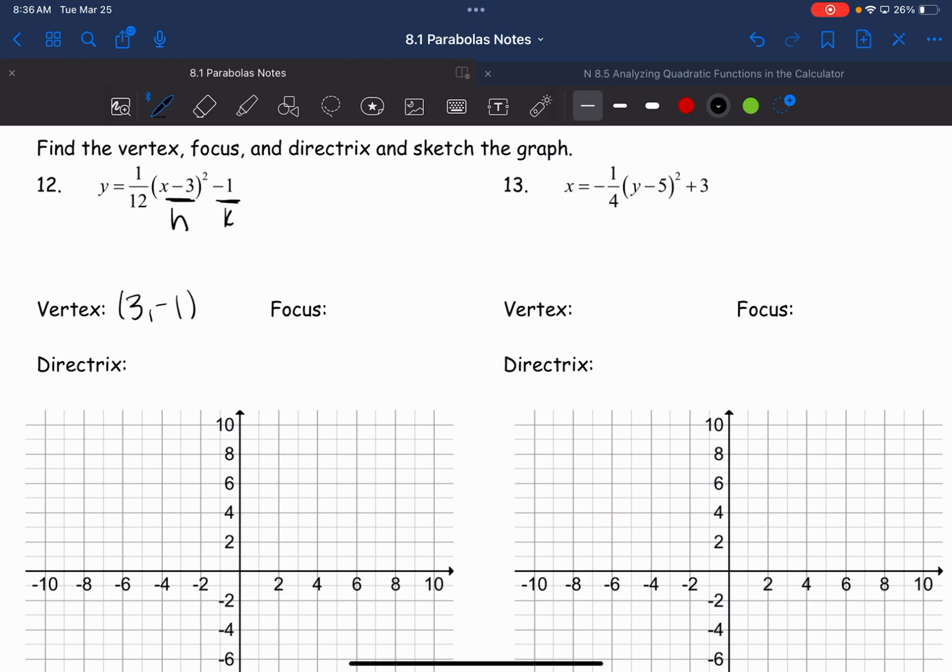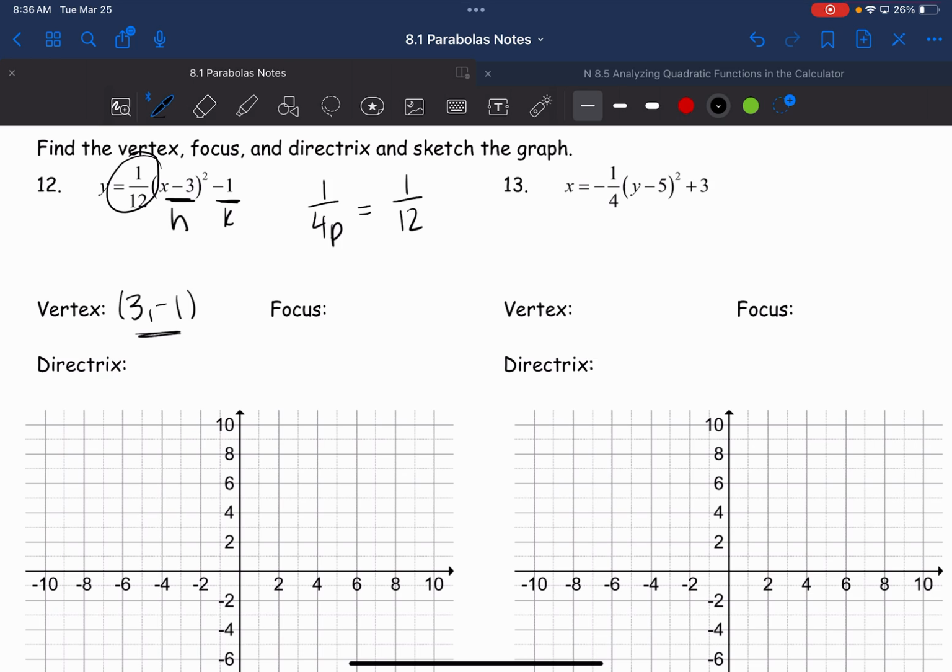Now remember, your focus and your directrix should be equal distances from this point, right? And remember, the distance away from that point comes from this part right here, 1/4p, which in this case equals 1/12.